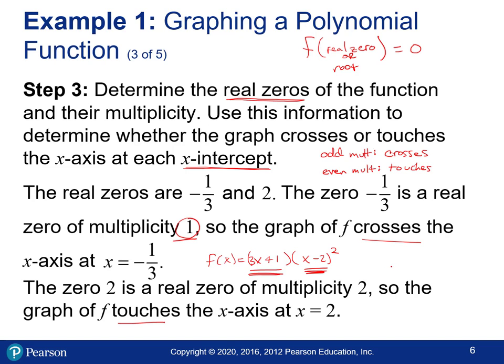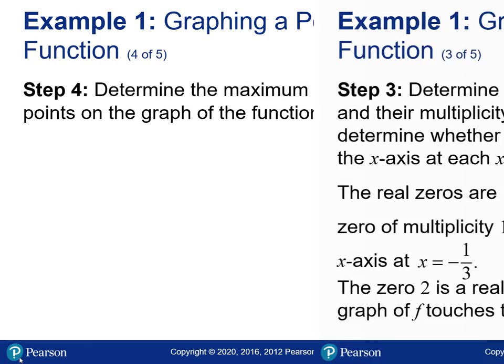If you want to, you can even write it out twice to see that you could plug in 2 different times. So that's why that multiplicity was 2. Odd multiplicities tell you your graph crosses through the x-axis, and even multiplicity means that your graph just touches the x-axis and goes back.